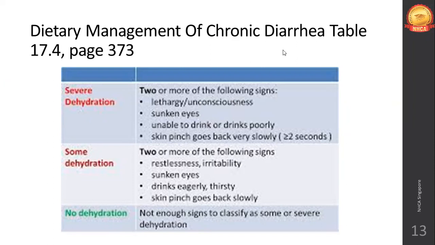For dietary management of chronic diarrhea, see the new textbook, page number 377, not 373. Table number 17.3, not 17.4, 17.3.